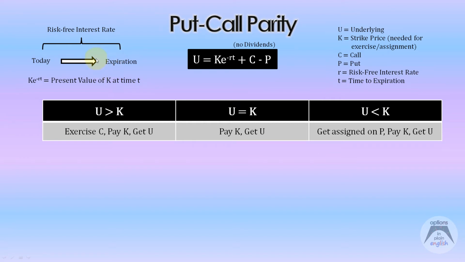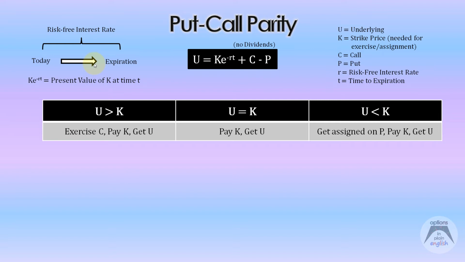You know that the value of the strike price at expiration is going to be K, but at any time prior to it is going to be however much money you need, so that at expiration you have that amount. That's why you have to discount it back to today. And you discount it back to today by using the risk-free interest rate.